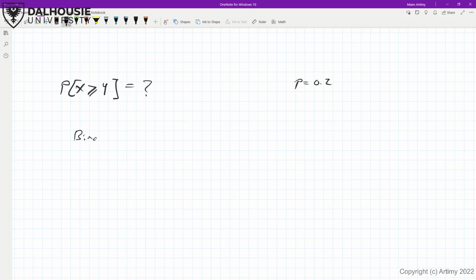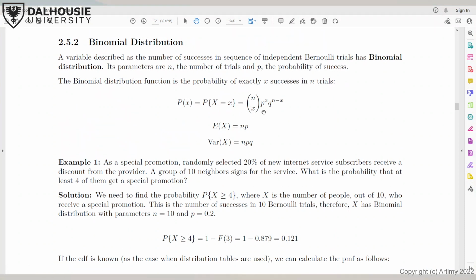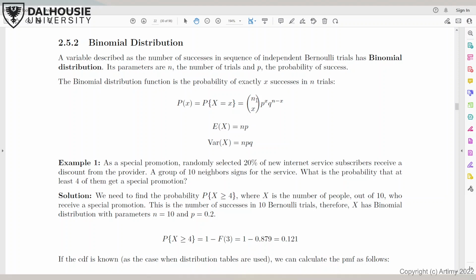Binomial needs n and p, and we already figured out x. I need n, p, and x. I got x, that's the 4. n is the 10 neighbors, and p is 0.2. Now I can solve the problem.